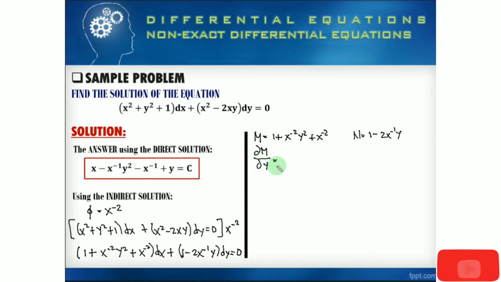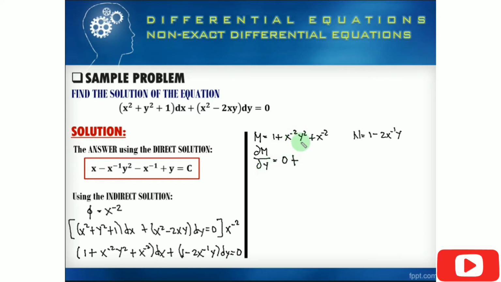Okay, so we are going to determine the partial derivative of M with respect to y. Try to remember, if it is with respect to y, we use y as our variable. The partial derivative of a constant is just 0, plus we have x raised to the negative 2 y squared.